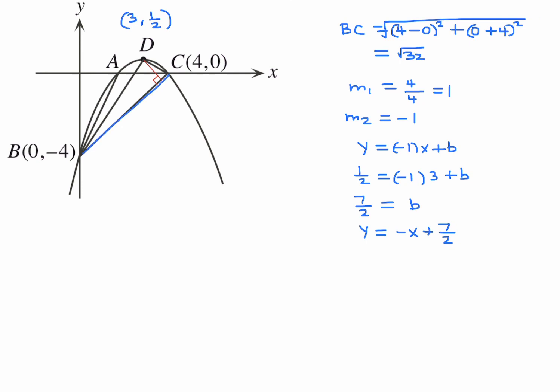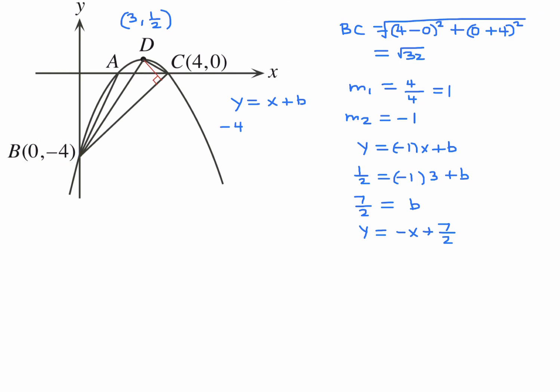And in a very similar way, we can figure out the equation of that line. We already know the slope was 1. So y is equal to x plus some b. And we can just substitute one of these points, and very quickly that allows us to figure out b. When x is 0, y is negative 4, right?